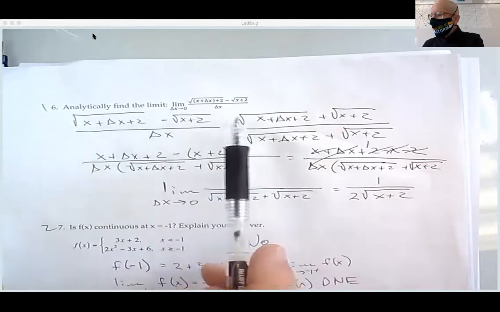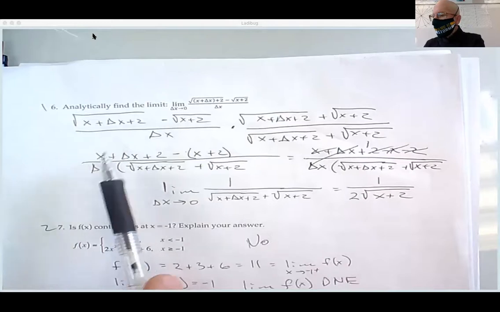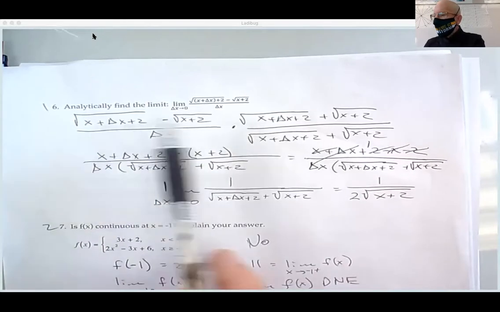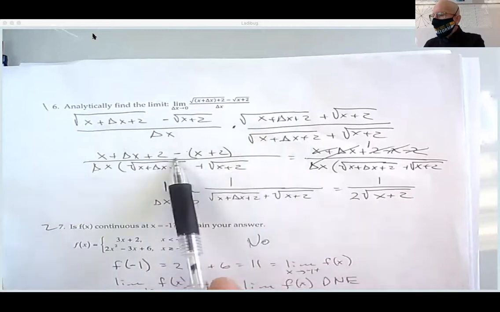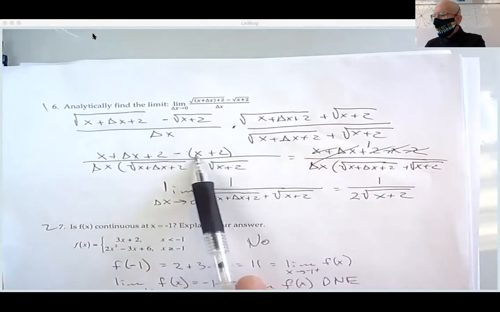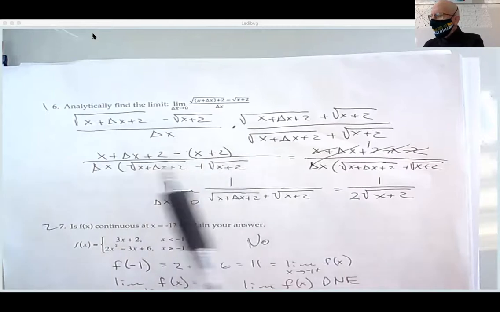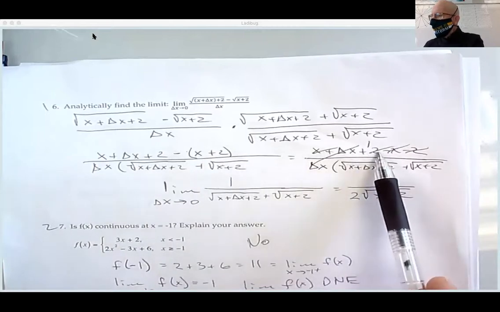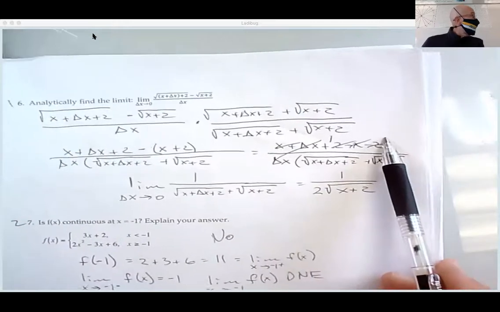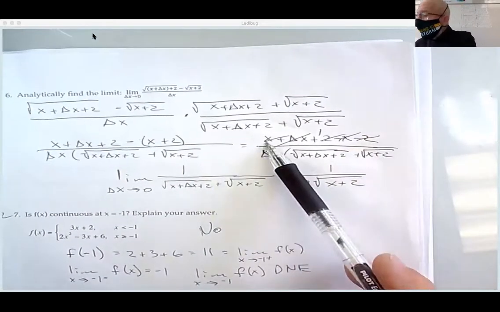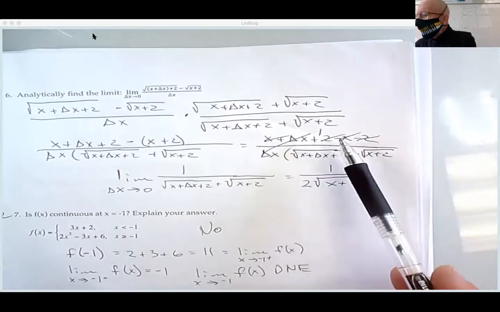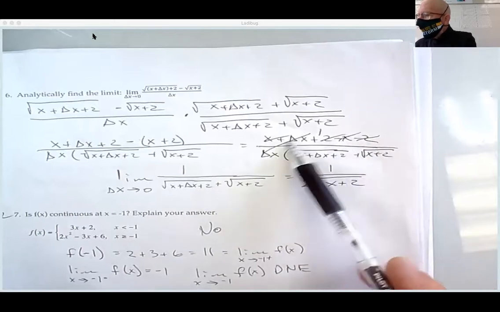So the square roots are eliminated, and I'm left with x plus delta x plus 2, which is what's inside both those radicals, minus what's in here, but it's got to be in parentheses because I'm going to have to distribute this minus sign. And I got x plus delta x plus 2 minus x minus 2. You see that okay? So x minus x is 0, 2 minus 2 is 0, delta x plus 0 is delta x. That simplifies to 1.